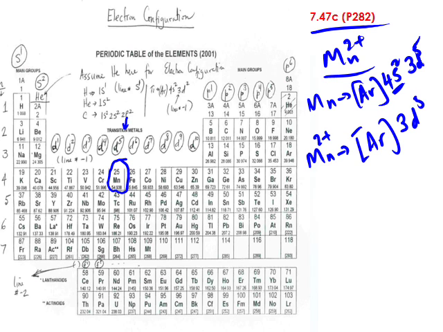Keep that in mind because this is different in the case of transition elements. When you get ions, first remove the electron from the nearest s before you remove from d. If I had taken out another electron, if I had Mn3 plus, then the third electron would come from 3d in this case.